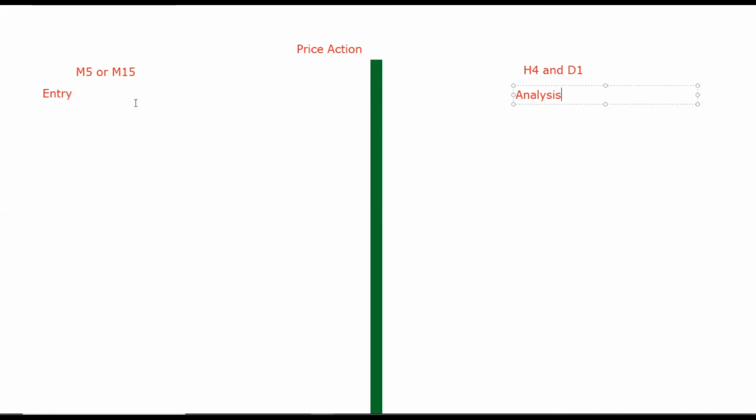If I have this kind of a pattern in M5, I know this pattern is on a resistance line.